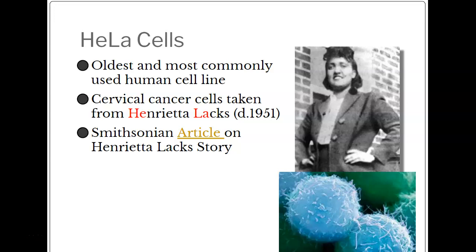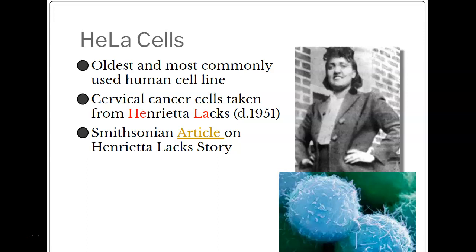Taking a side note, HeLa cells are the oldest and most commonly used cell line to study cancer. I worked with them once upon a time in graduate school, but they are a specific cell line taken from a person called Henrietta Lacks.